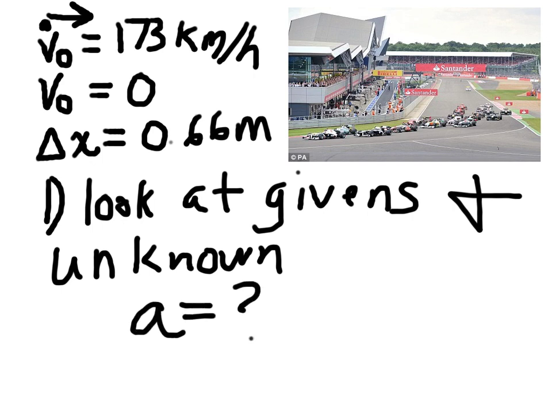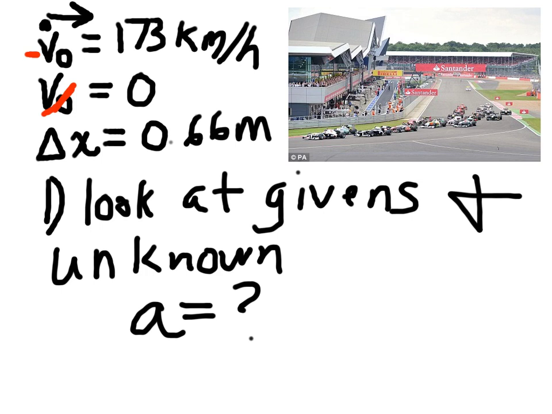Okay, so I'm looking for an equation that has initial velocity, final velocity, oh, and I labeled my final velocity wrong. How come nobody caught that? That 0 should not be there. Final velocity is just v, and a distance traveled, and will give me back acceleration.